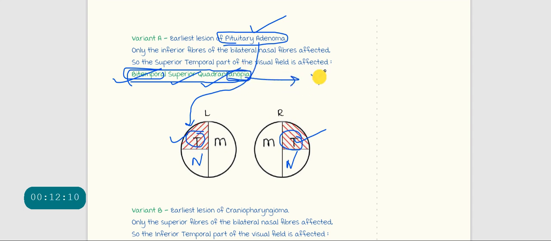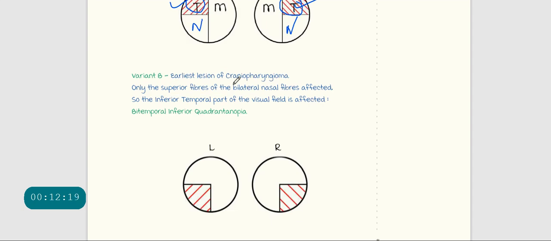The next lesion is seen due to craniopharyngioma. In craniopharyngioma, the superior fibers of the bilateral nasal fibers are affected.